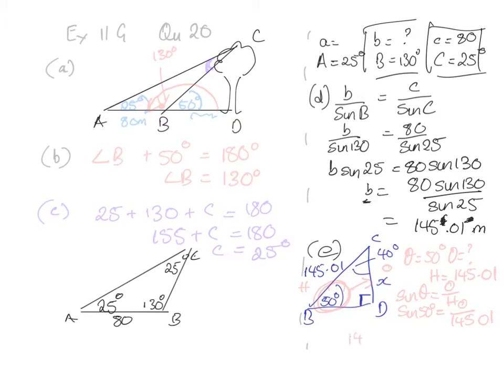So 145.01 times sine of 50 degrees is equal to the opposite, and that gives me 111.08. And again, it is a length that I'm looking for, so that is how tall the tree is. And it doesn't say to the nearest metre or anything, so we should go to 2 decimal places there.